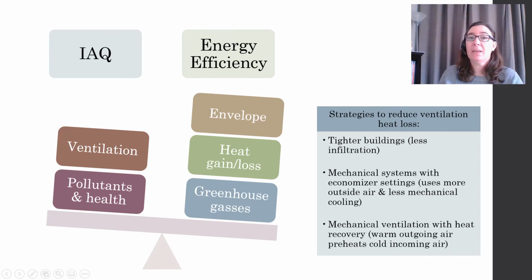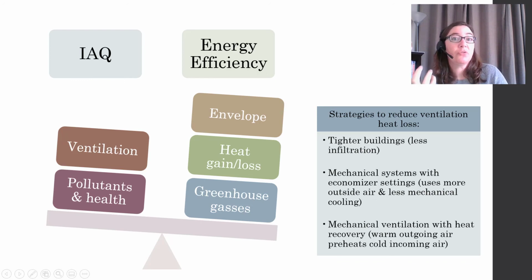And that means lower infiltration. Infiltration is when air sneaks into your building. And exfiltration. Remember that this comes with a downside of trapping those indoor pollutants and moisture in your buildings.